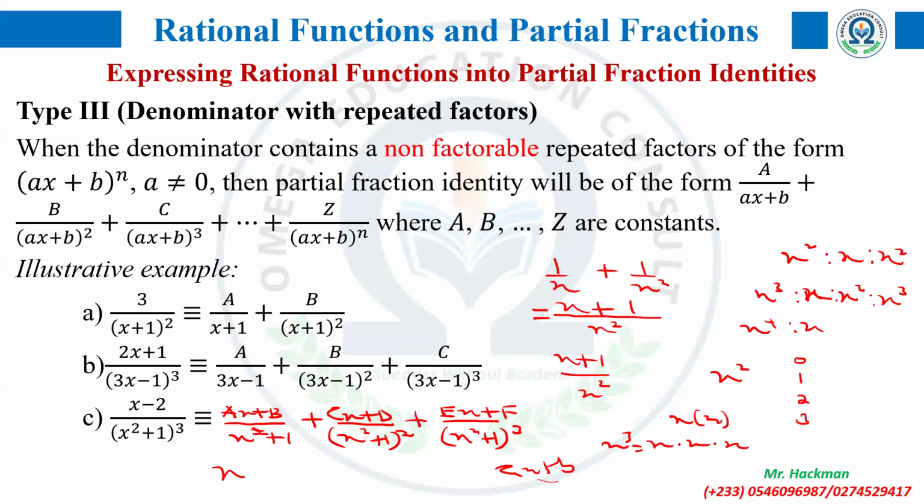Is it linear or quadratic? Linear. The repeated factor is linear, is that not it? So the nature of your repeated factor will tell you the nature of your numerators. You get it now? Okay, very good.